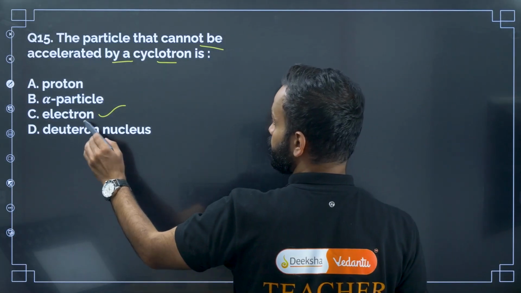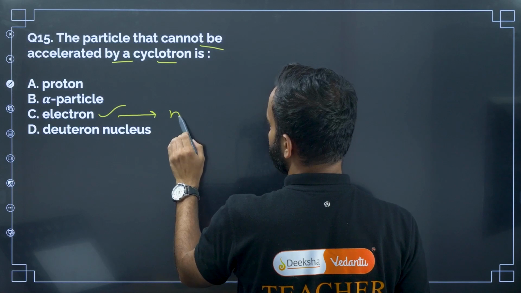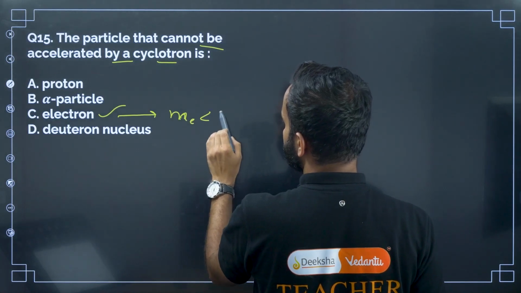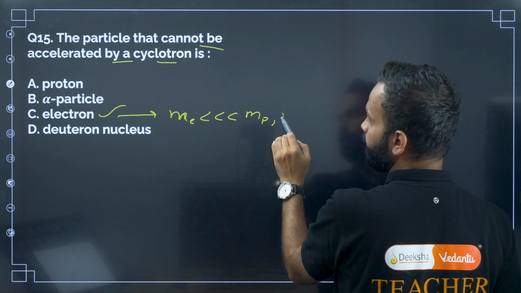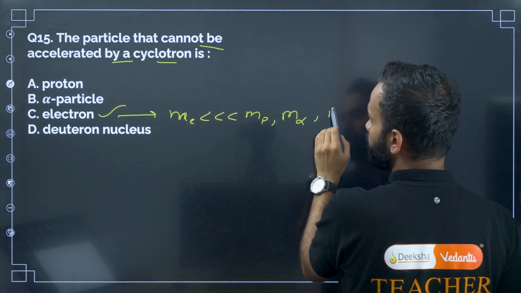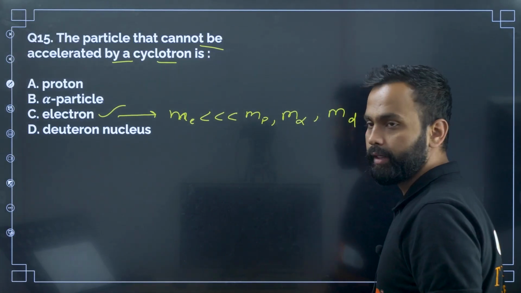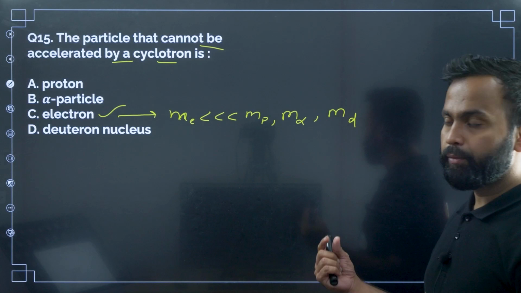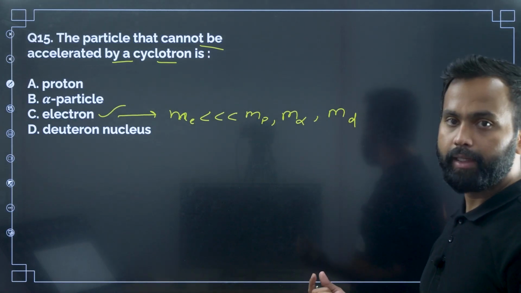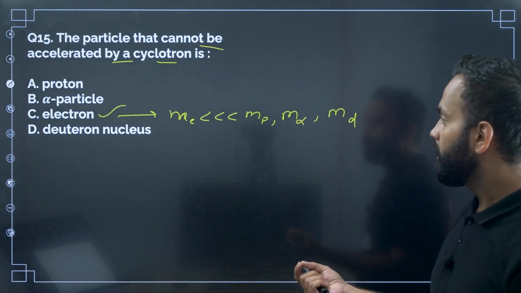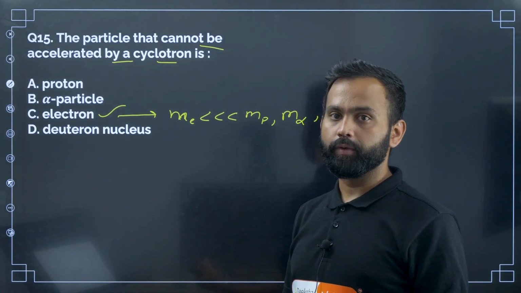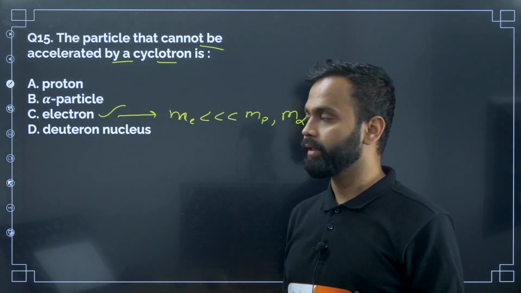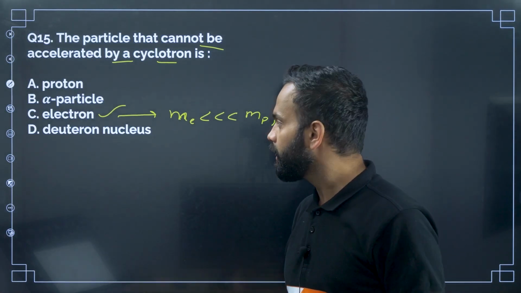Because the mass of the electron is much lesser compared to the mass of the proton, alpha particle and deuteron. If the mass of the particle is very less, then the electron needs a very small amount of energy to accelerate, isn't it?